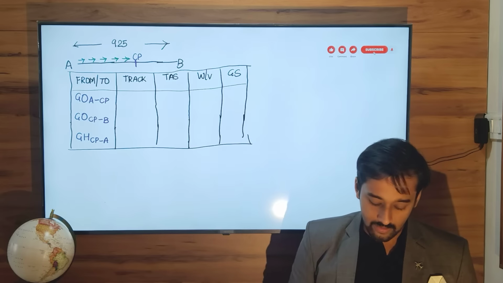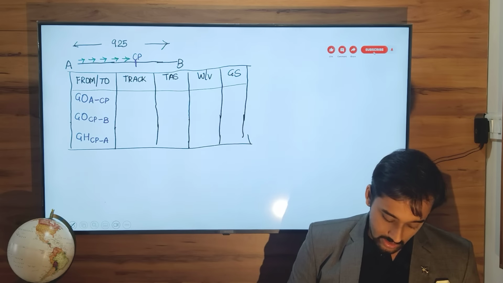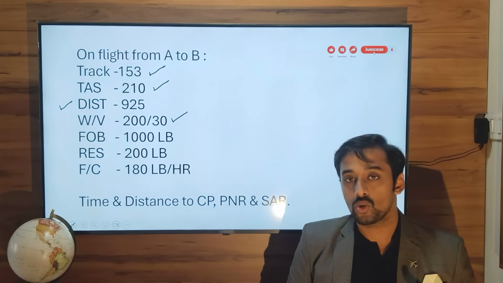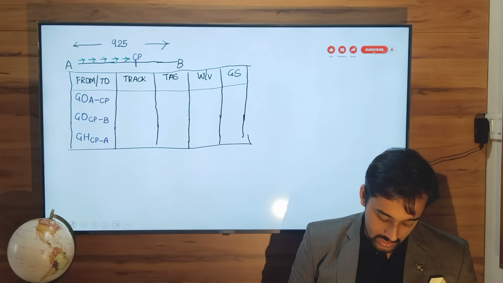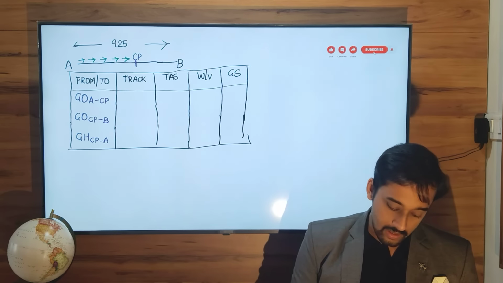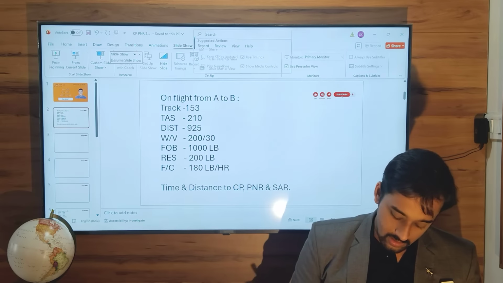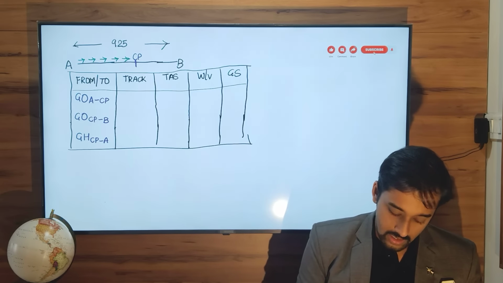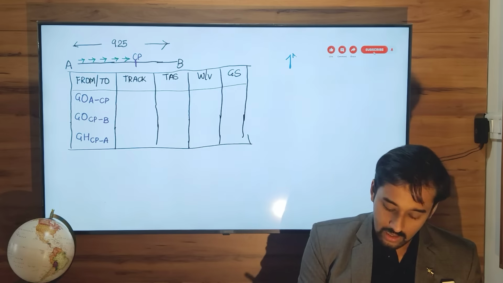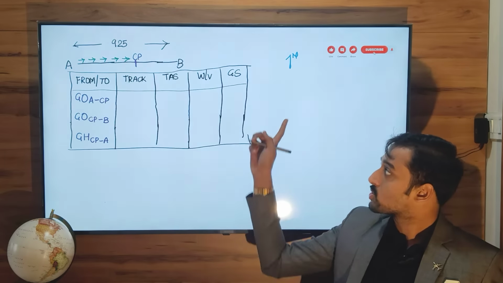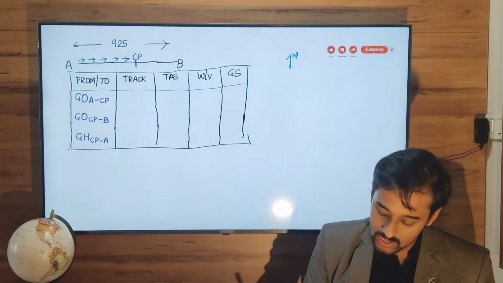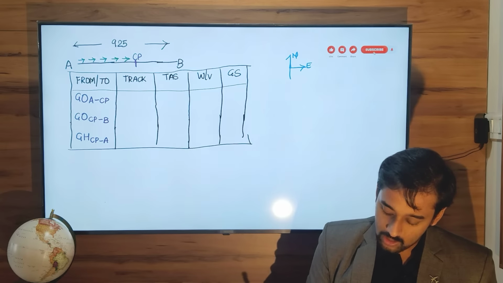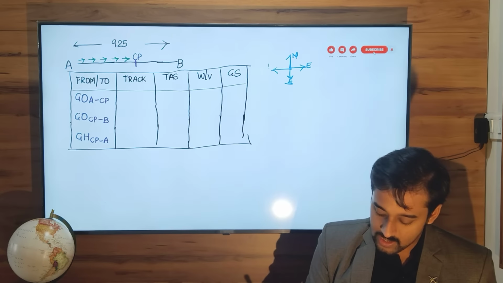This is your diagram. Next, wind velocity. What is the wind velocity? Coming from 200 at 30. So that means if this is your northerly direction, straight up, then this will be east, this will be south, and this will be west.